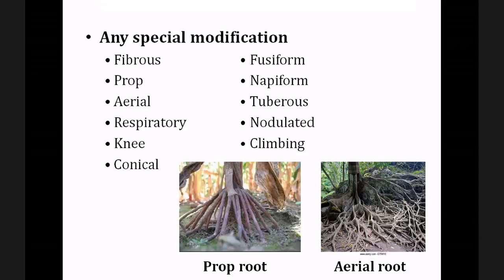This is also one of the adventitious roots, because above the ground level the roots are formed. These are adventitious roots that grow on the above ground part of the plant. We call it an aerial root.